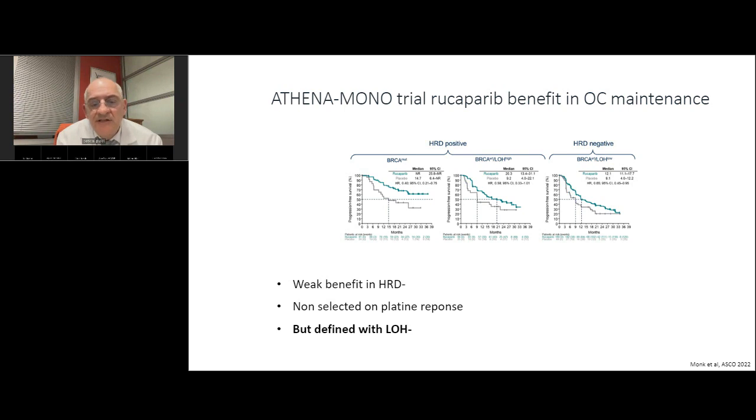But in this study, it is important to say that HRD was defined on the basis of LOH. So it could be that there is some missing HRD when you are looking at LOH. We will go back to this point later.